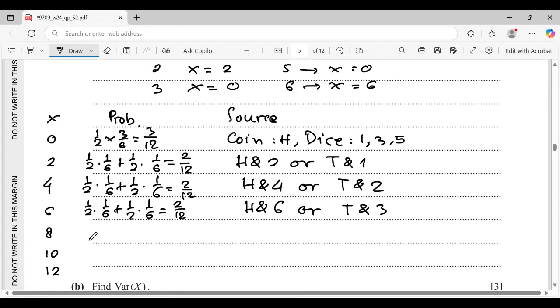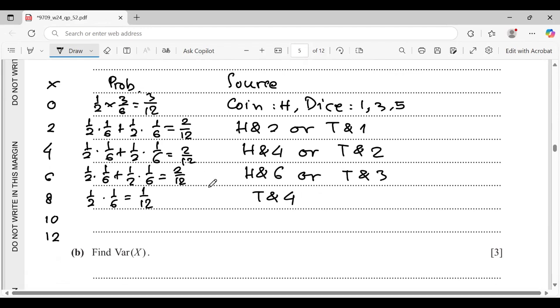And if x equals 8, the source is tail and 4. So this is 1/2 times 1 over 6, 1 over 12. And if x equals 10, the source is tail and 5. And the probability 1/2 times 1 over 6 is 1 over 12.